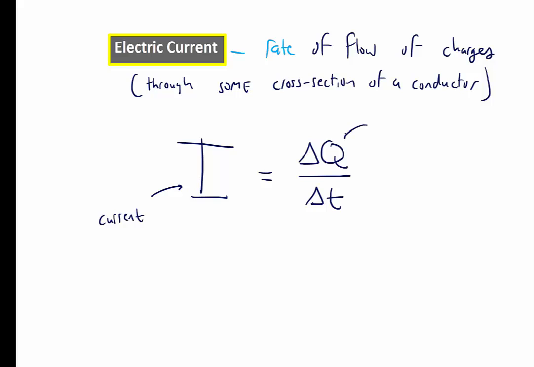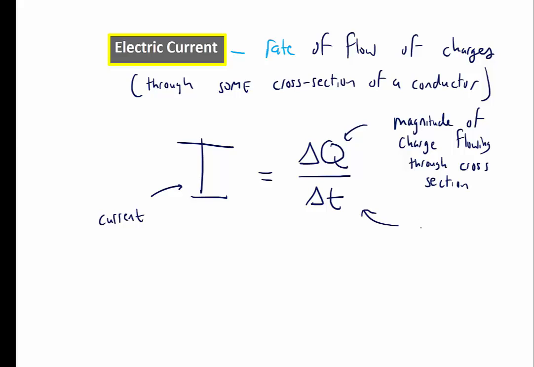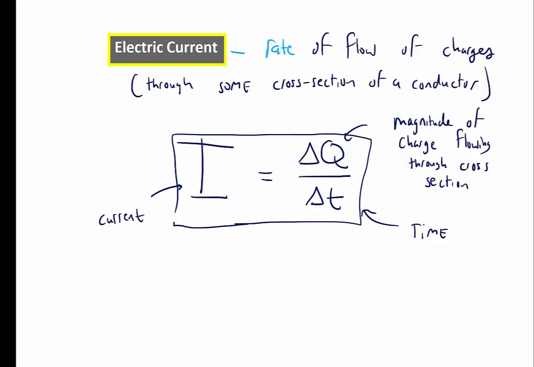So here we have delta Q. This is going to be the magnitude of charge, how much charge is flowing through a cross-section. This is going to be our time interval. So this is our equation that we can use to describe the rate of flow of charge.